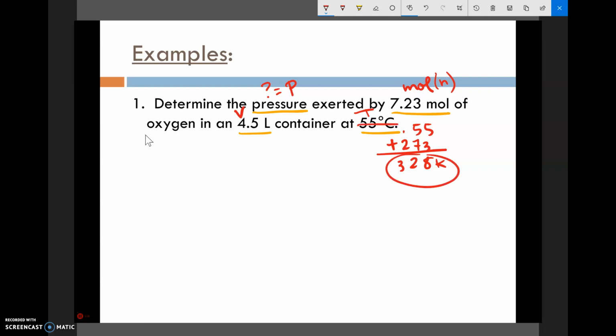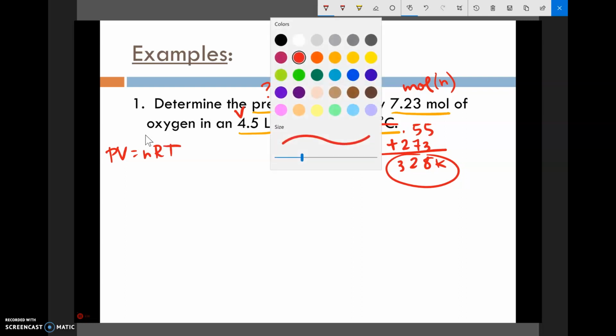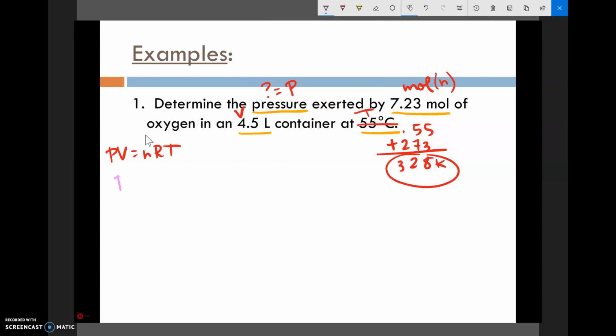Okay, now we're just going to go ahead and plug it into our equation. Our equation is PV equals nRT. So right here, our P is our unknown. Our volume is this 4.5 liters. That's going to equal our number of moles, which is 7.23 moles.